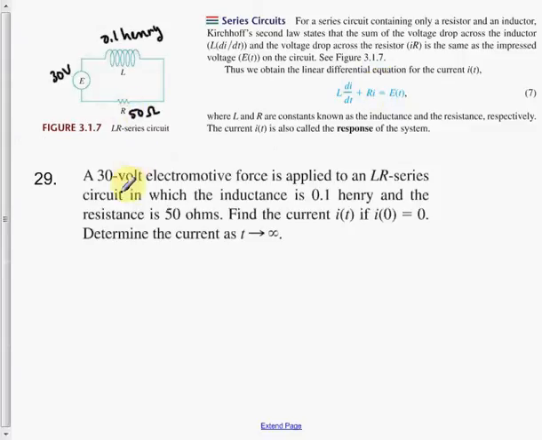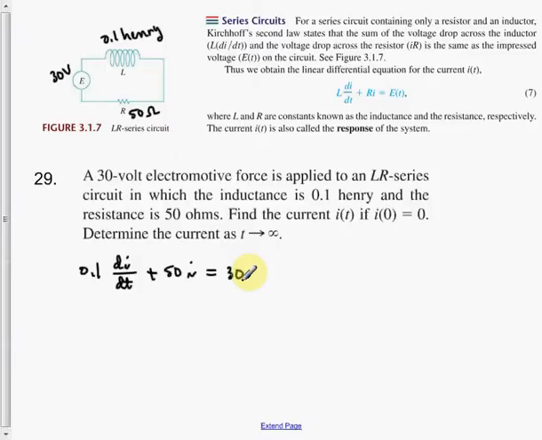So if we plug that information in based on what we're given from this particular problem, we have 0.1 times di over dt plus the resistance, which is 50 ohms there, times i is equal to the voltage, 30 volts.